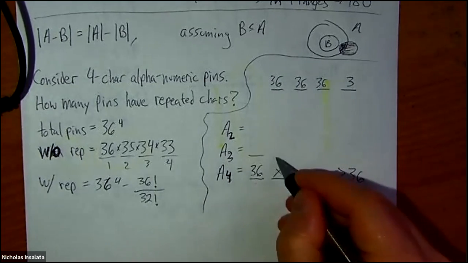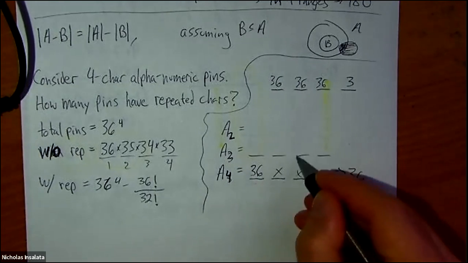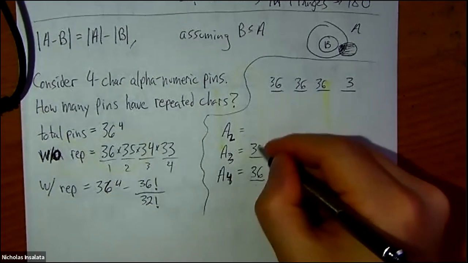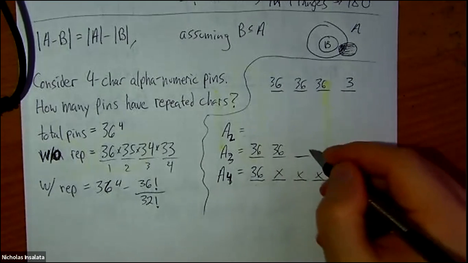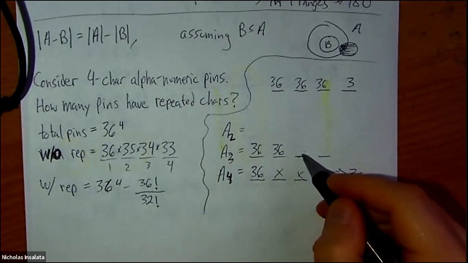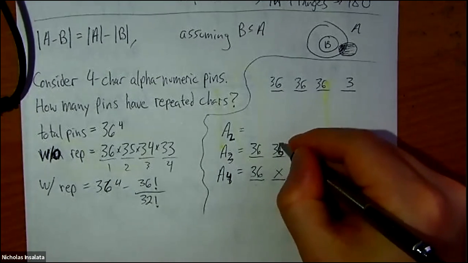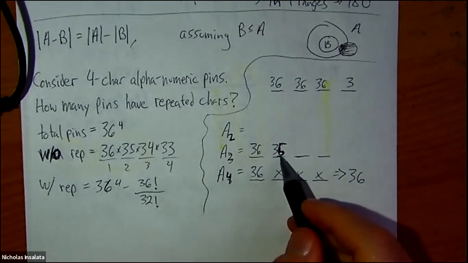Okay, how about A3? What's going on here? Well, you're getting there. So that's part of the answer. You might think that I could do 36 here, 36 here, and then, but this one's a 35, right? So there's a 36, a 35, because this one's not repeated.